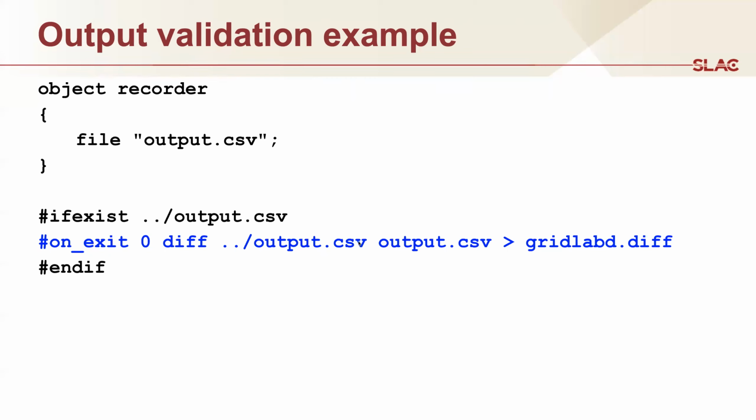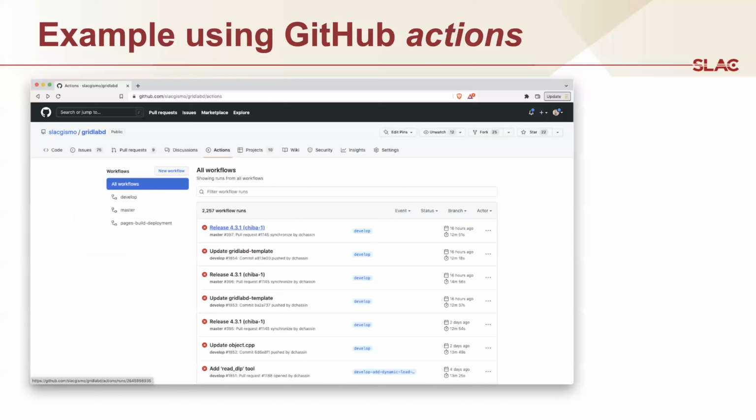And in fact, I'll show you a way of doing that automatically so that we can verify whether output has changed from what the developer believes the output should be. So yeah, you can get that output file from either another source or from a previously run simulation of Gridlab-D. And I'll talk about that in an example a little bit later.